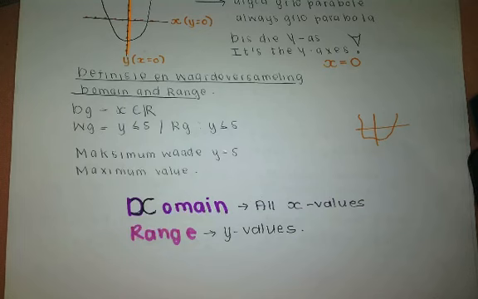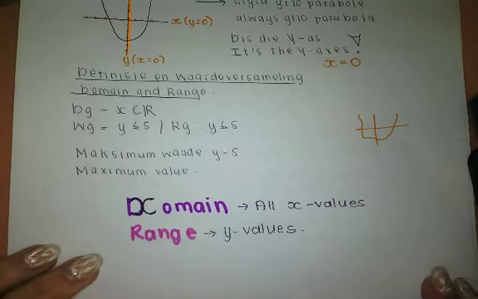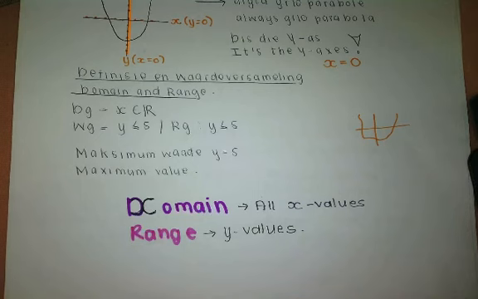Okay, so vitally important things to remember when it comes to a parabola. Okay, first things first, we've got the general rule, which is y equals ax squared plus q. That a tells me if it's a smiley or a sad face.